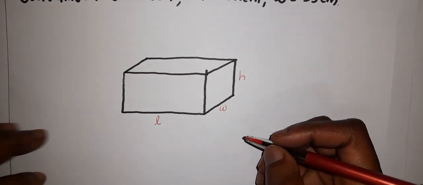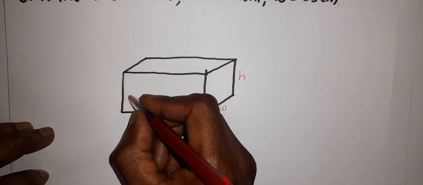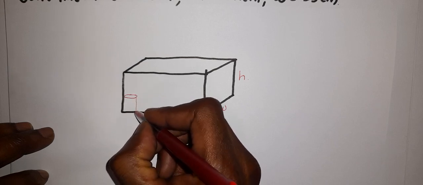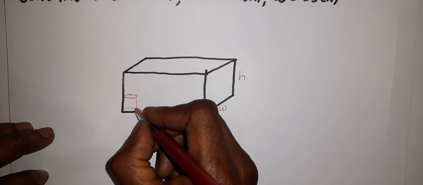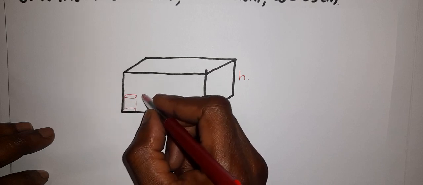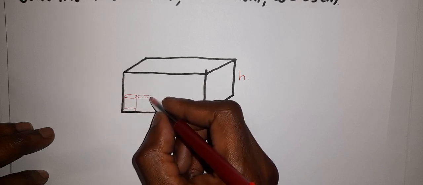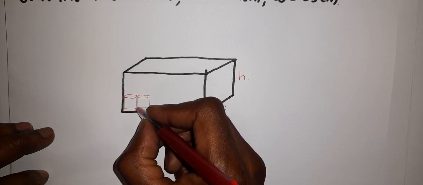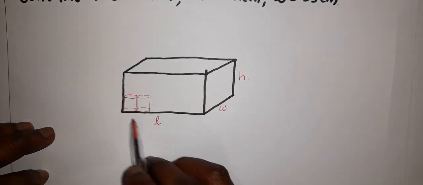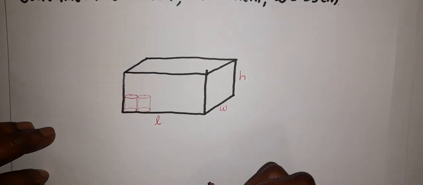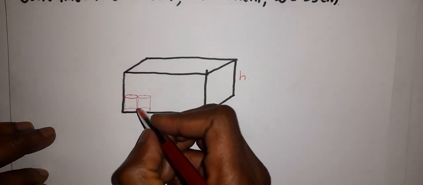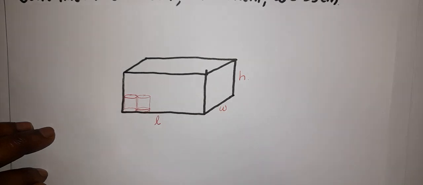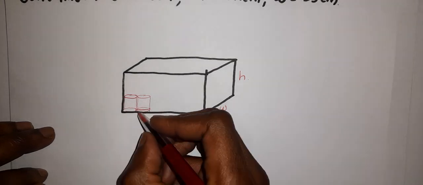So what we are trying to do here, grade 12s, is see how many of these cans we can fit in this direction. And if you check already, you can see that there are spaces in between. We just want to see along this direction how many cans we can fit. We know that the line that cuts any cylindrical container in half is called the diameter.